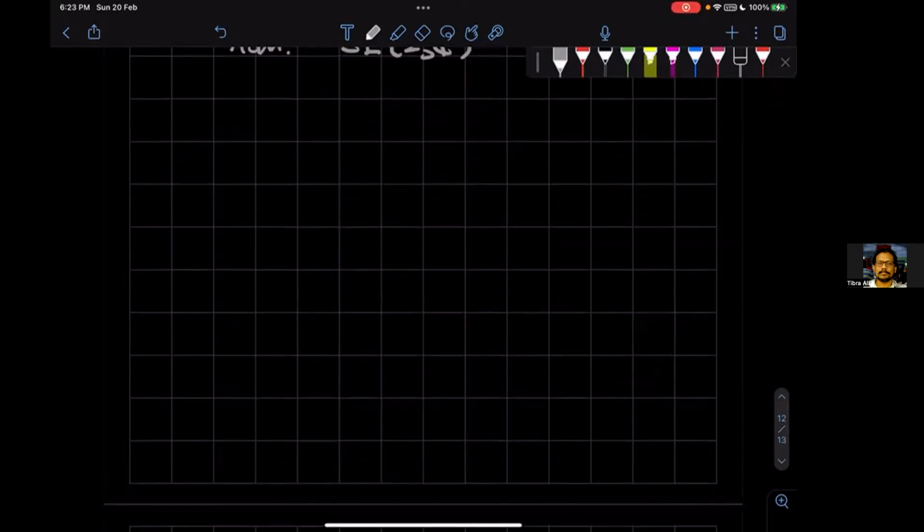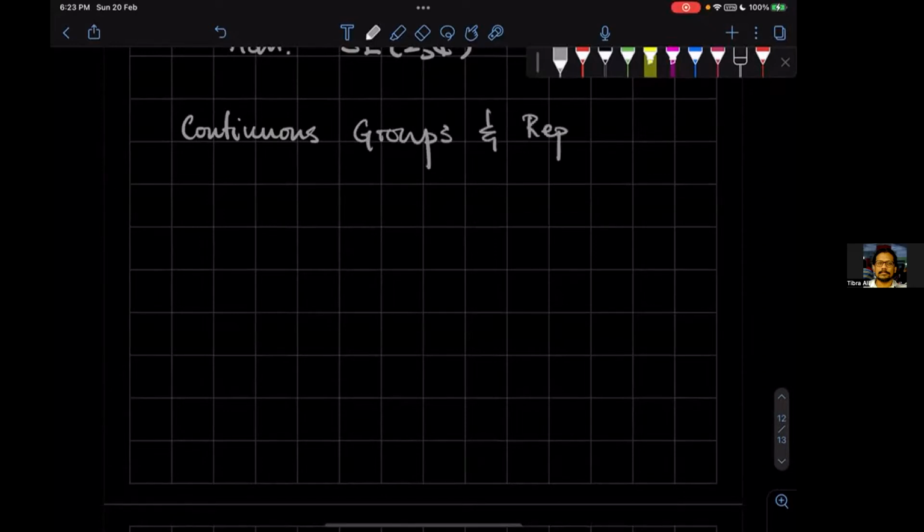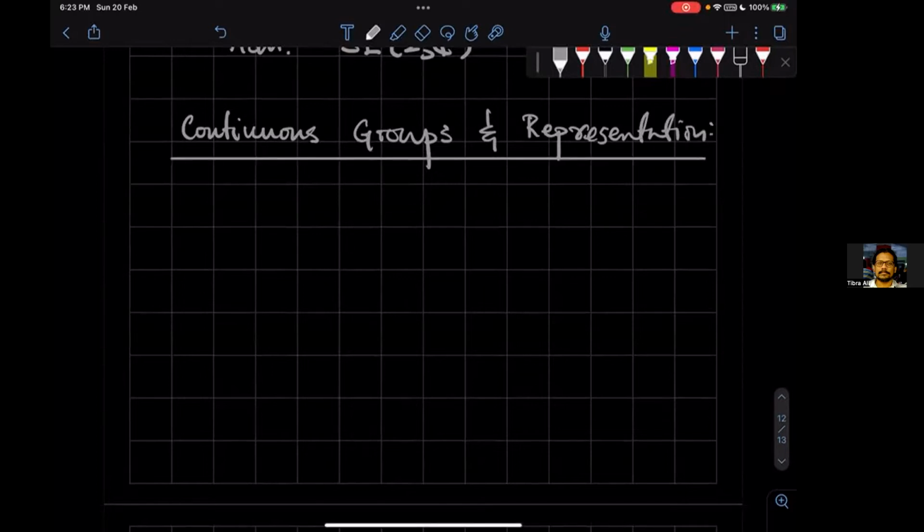All right, so next I want to discuss continuous groups. But before we get into this, I want to have a more informal, hand-wavy, example-based discussion.